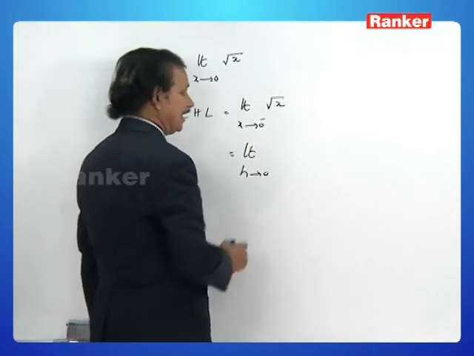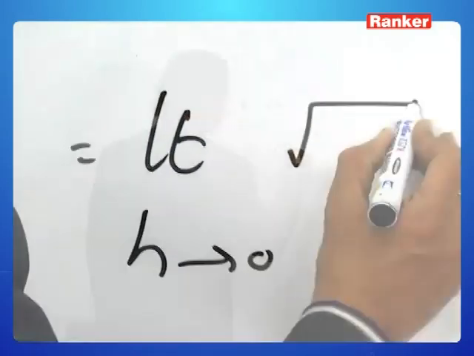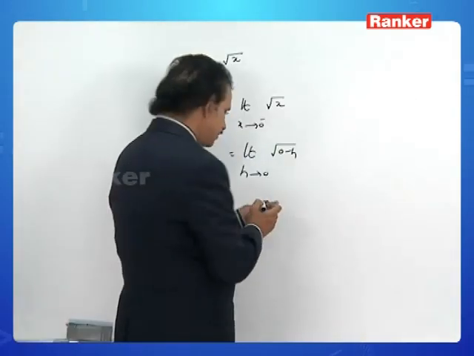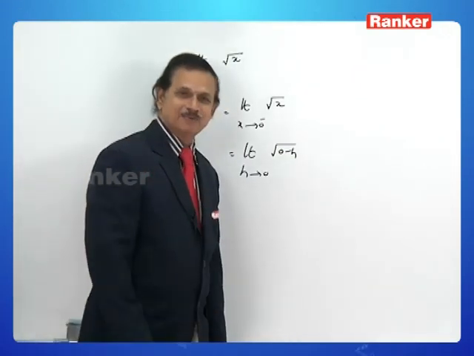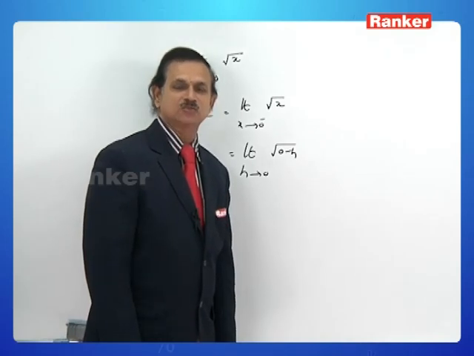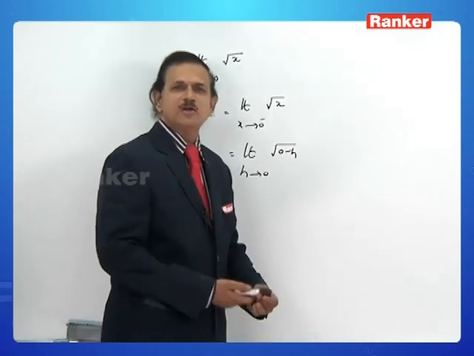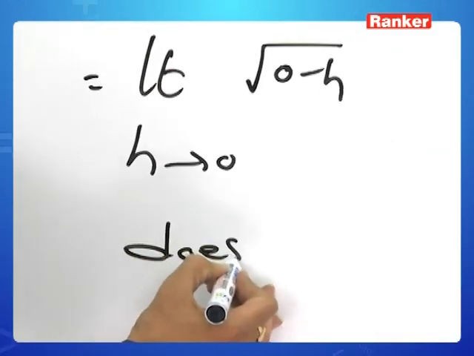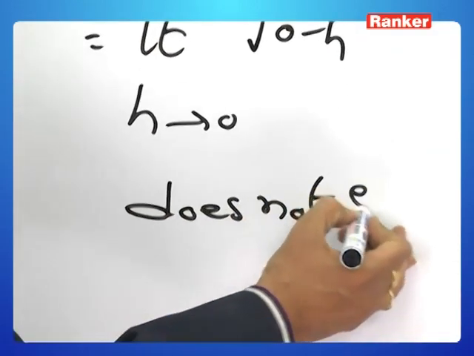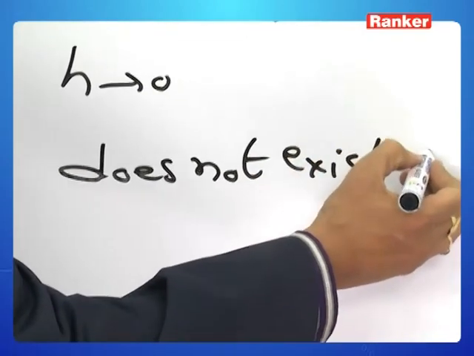In place of a we have here 0, so it is 0 minus h. What is 0 minus h? It is minus h. It's a negative number under square root. Is it a real number? No, it's not a real number. Hence, it does not exist at all.